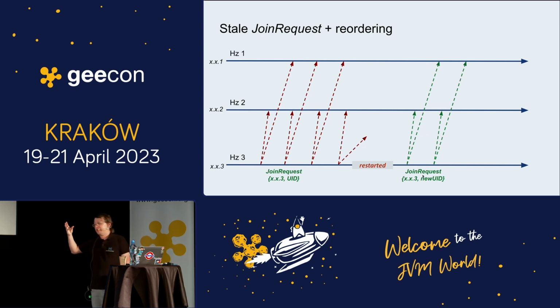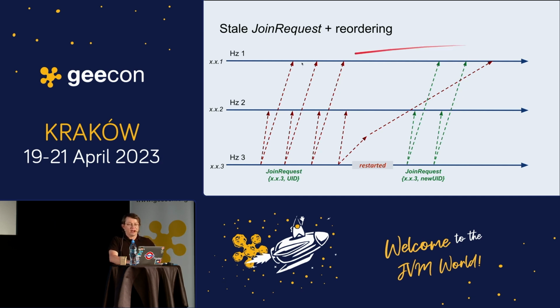But with our networking model, the following situation is possible: somewhere in some message queue or thread queue, this old join request message could be stuck, and it can reach node 1 after the joining process of the updated Hazelcast node 3 has finished.